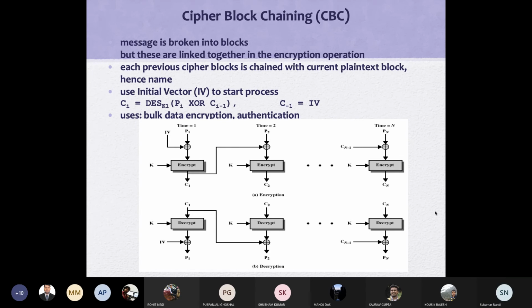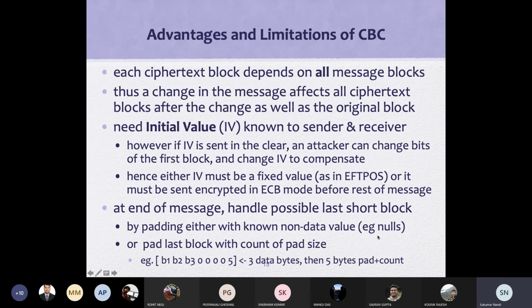What will happen here? Each ciphertext block depends on all previous message blocks, including the initial vector.